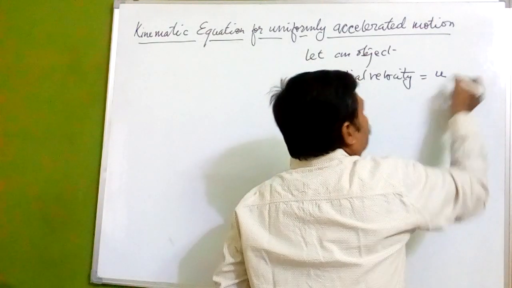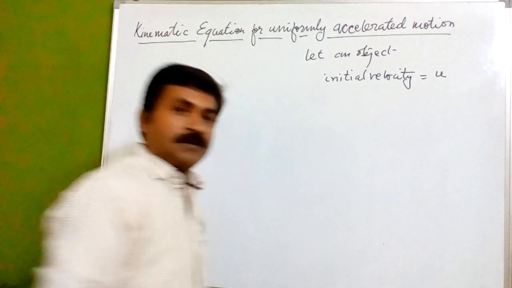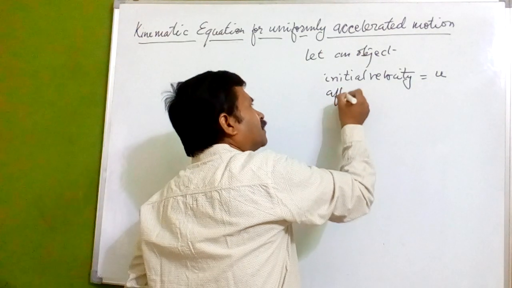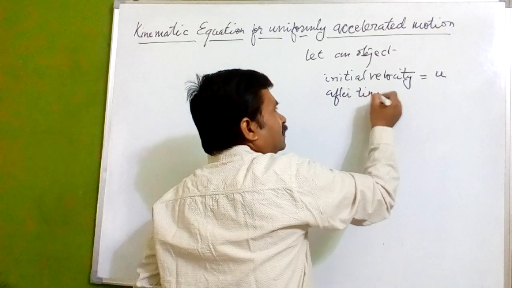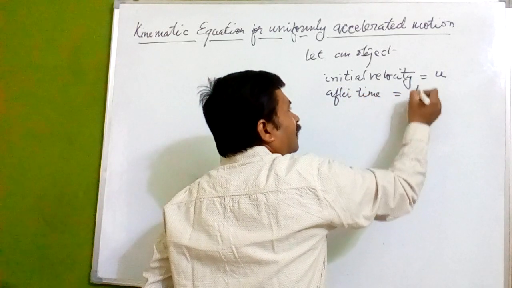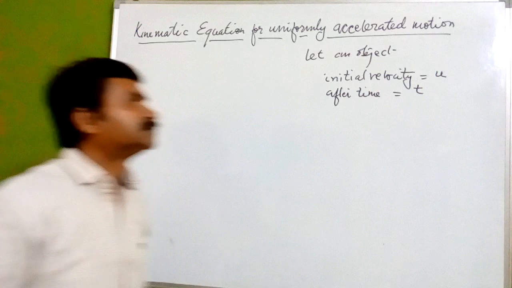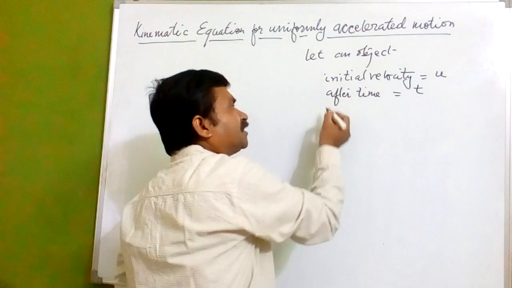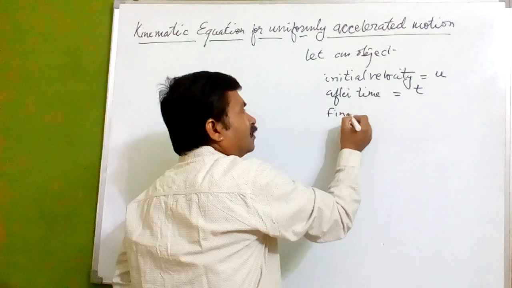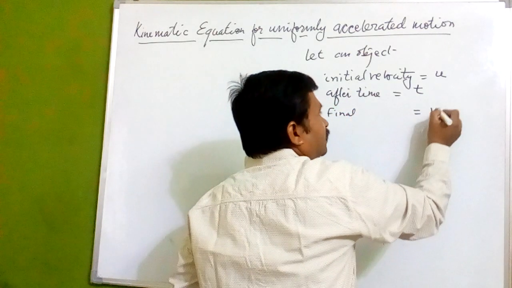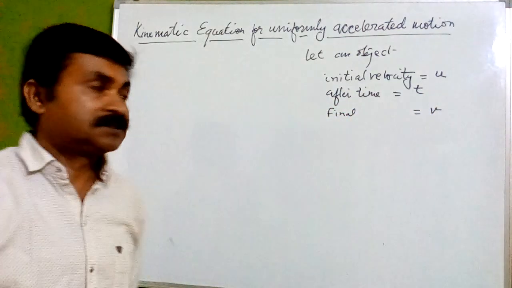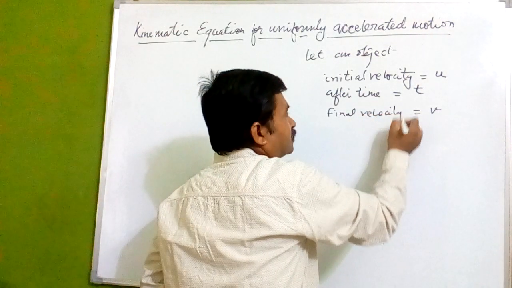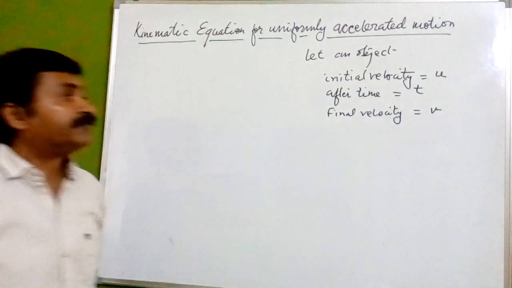Now after time t, we have directly taken a duration t, its velocity changes to v. The velocity changes and comes to v. So we can write here that the final velocity is this v.